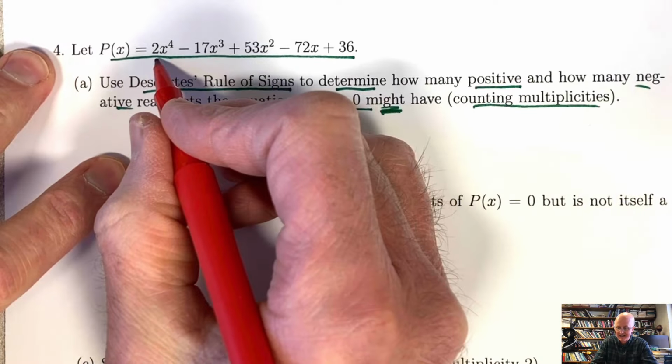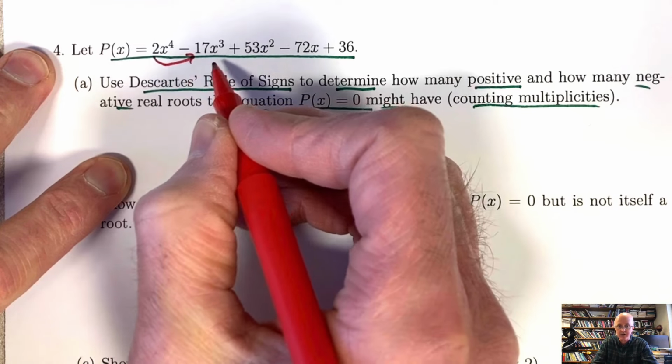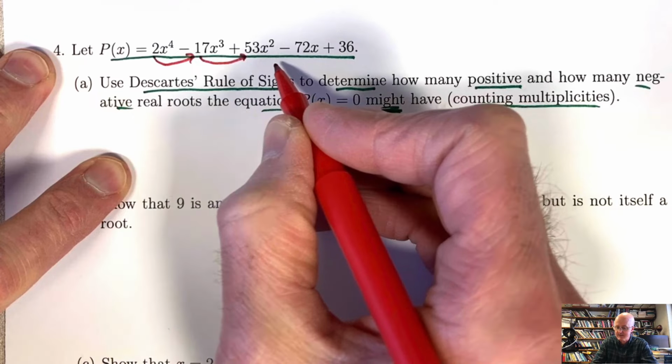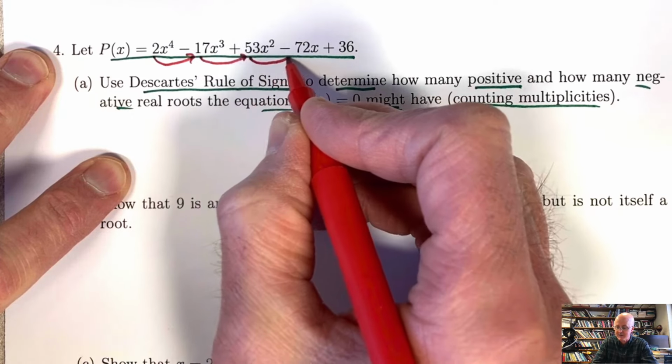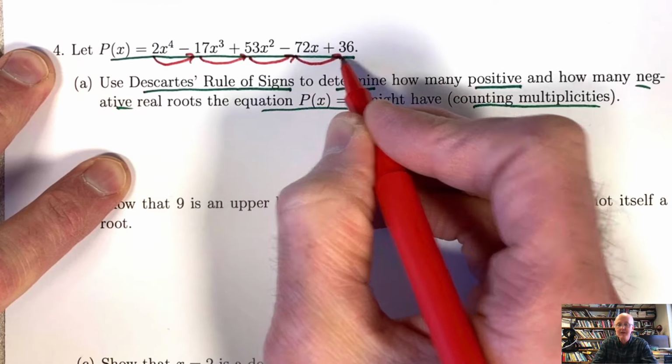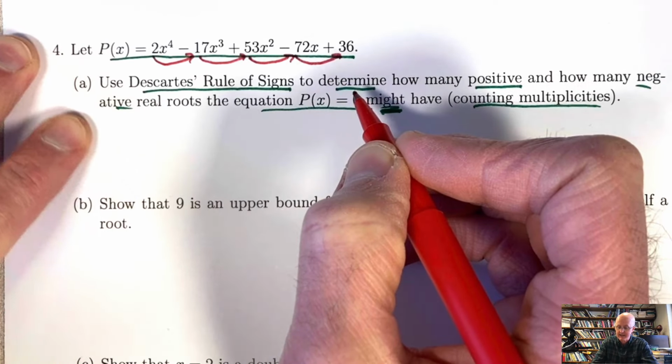How many sign changes are there in these coefficients? There's one from 2 to -17. There's a second from -17 to 53. There's a third from 53 to -72. And there's a fourth from -72 to 36.